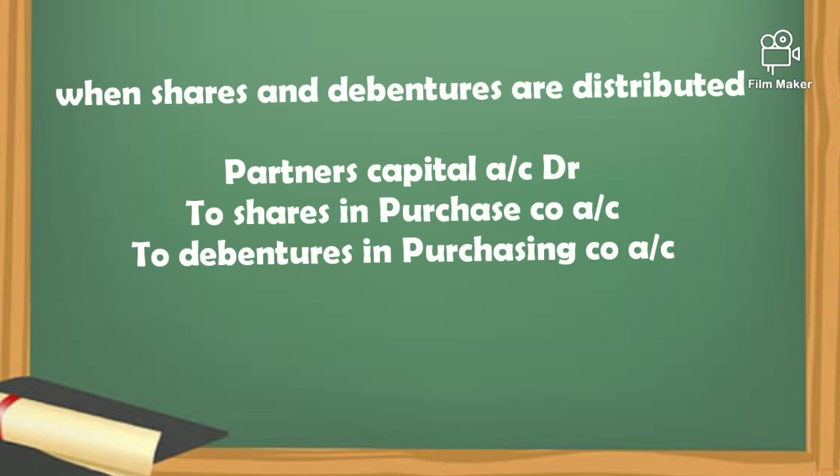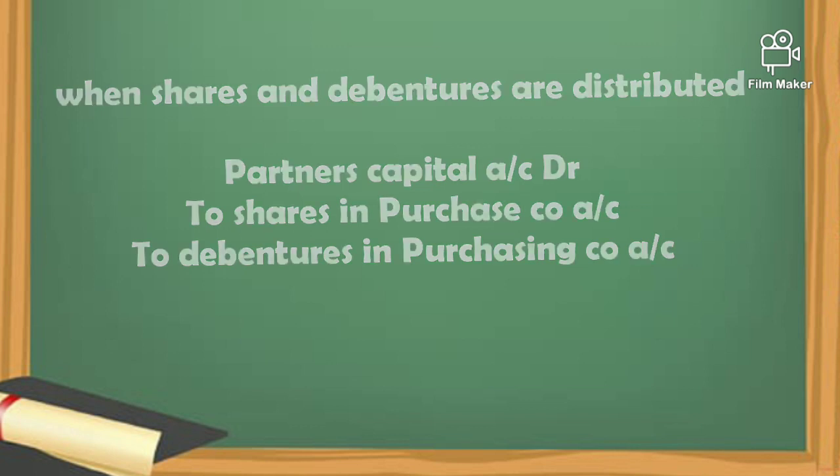And the next entry will be if any shares or debentures are distributed to the partners, then the entry will be partners capital account debit to shares in purchasing company account credit and to debentures in purchasing company account credit. So if any distribution of shares and debentures happens, we need to pass this entry.